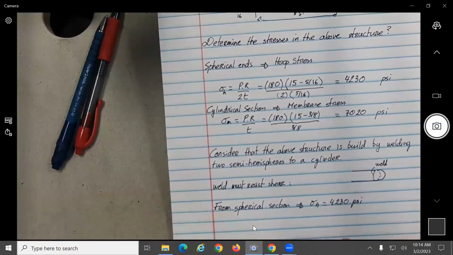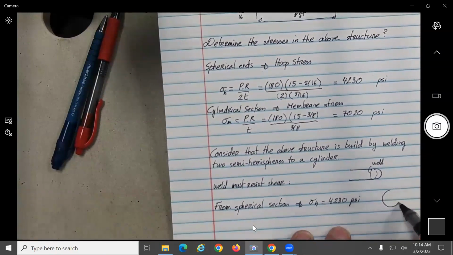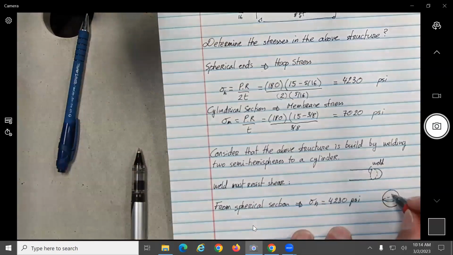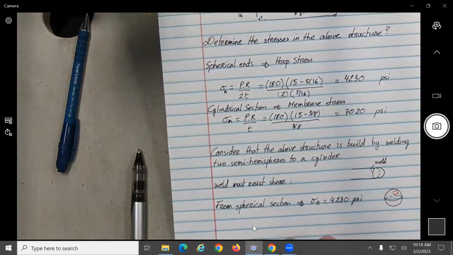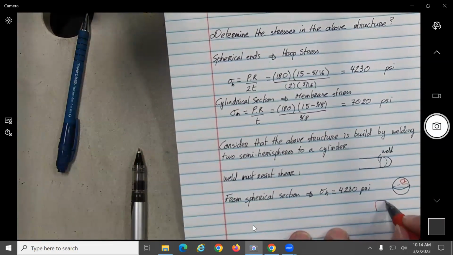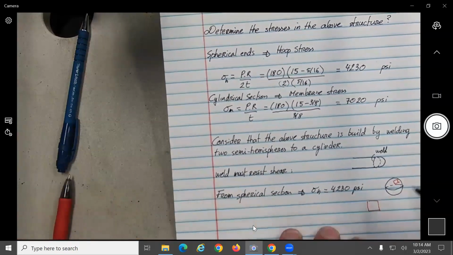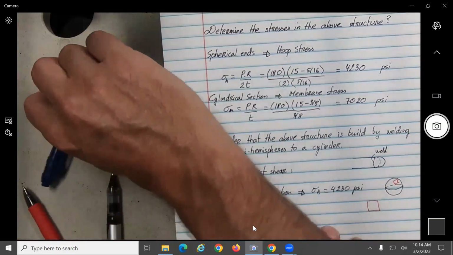Okay, so if we take now one little square element over here, because in spherical stresses the stress will be the same in every direction, no?